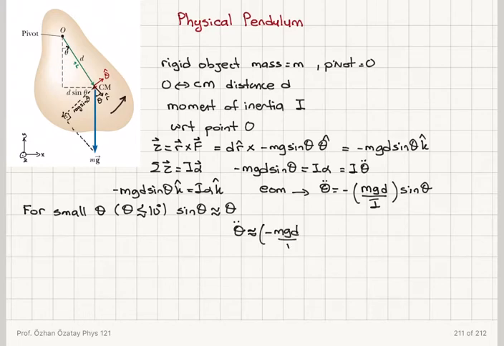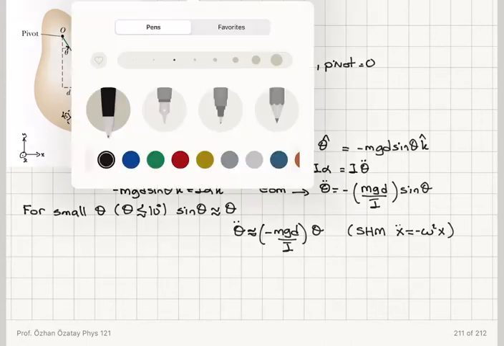That's using Taylor's expansion we have shown before. So theta double dot is roughly equal to minus mgd over I theta.